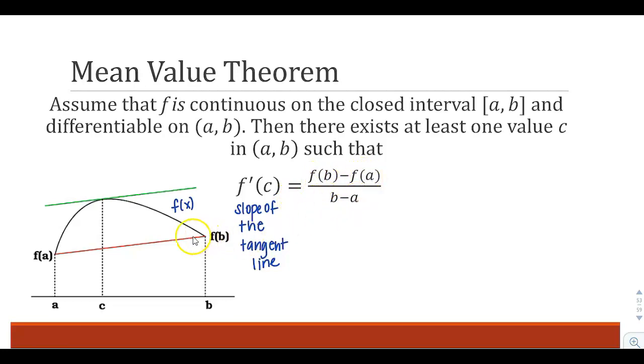Well, that's the slope of the line between these 2 points, which we call the slope of the secant line. So notice that's what's happening here. There is some place in between a and b, c, where the slope of the tangent line is exactly the same as the slope of the secant line that connects the 2 endpoints.